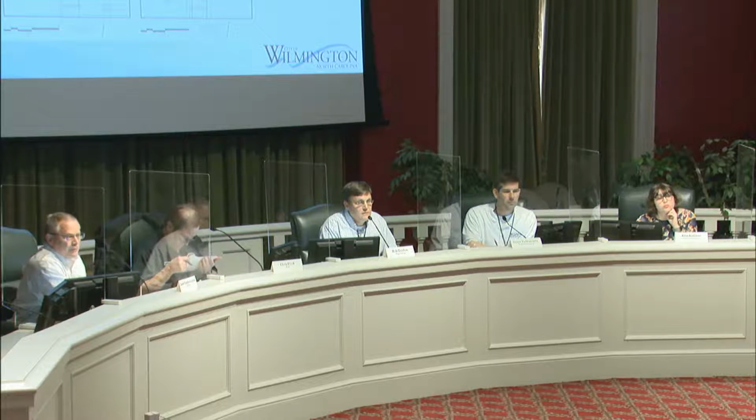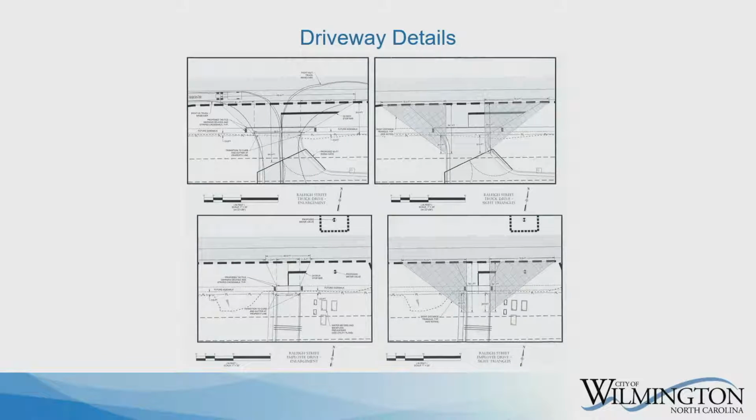Yes, so the gate that you see here has actually been shifted back a little bit further from this example. It provides approximately 70 feet of storage length that has been reviewed during the TRC process. The gate itself will be open during operations. It will also have a guardhouse just planned south of this sheet that you cannot see on these exhibits, but there will be a guard there to direct traffic as they come into the site.